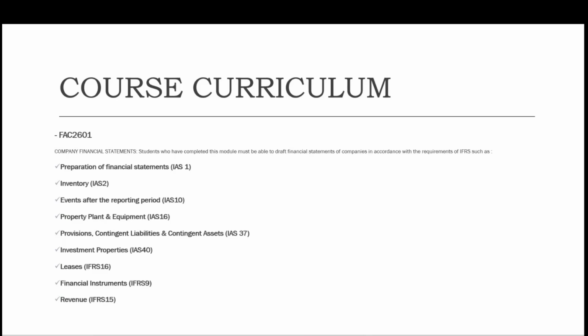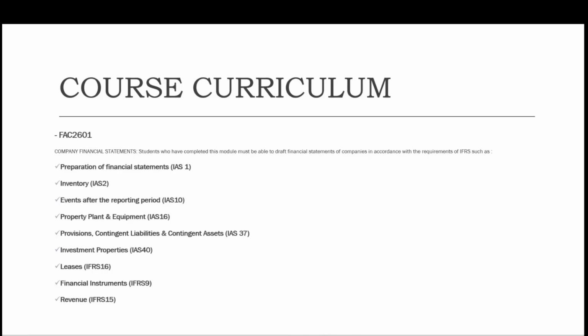Investment property. So in the coming weeks, we will take it one after another. We'll do PPE, then we'll come to inventory, then events after the reporting period, then provisions, investment property, leases, and so on. And the way UNISA have done the questions is that they don't give you a comprehensive question for everything.